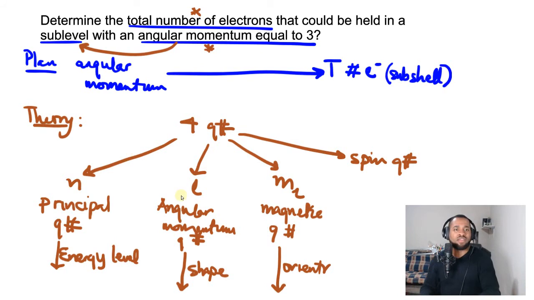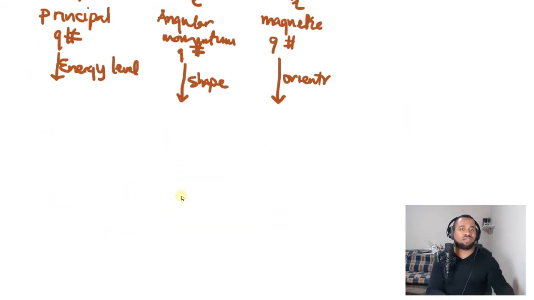Looking at the energy levels, we have levels going from 1 to any number, and they must be positive integers. So we have n equals 1, n equals 2, n equals 3, and n equals 4.